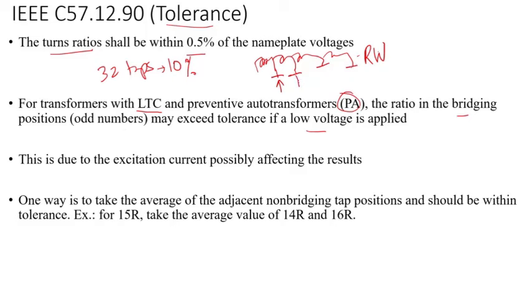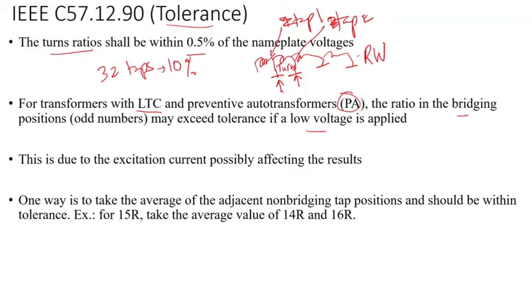So when you are in a bridging position, in other words, you have two taps. This is one tap, and this here is the second tap, or let's say tap 2, for instance. Sorry about that, tap 1. When you bridge the two taps, these are the turns in between them.